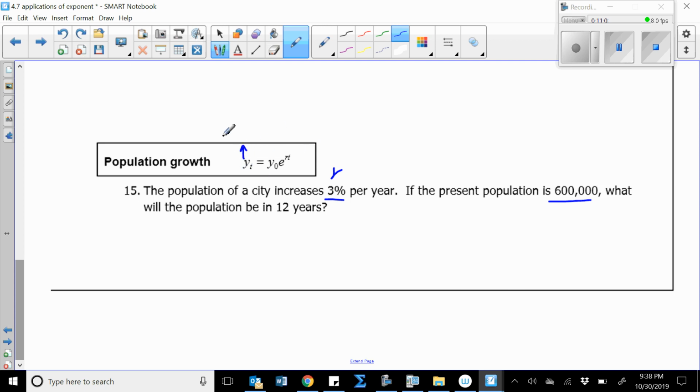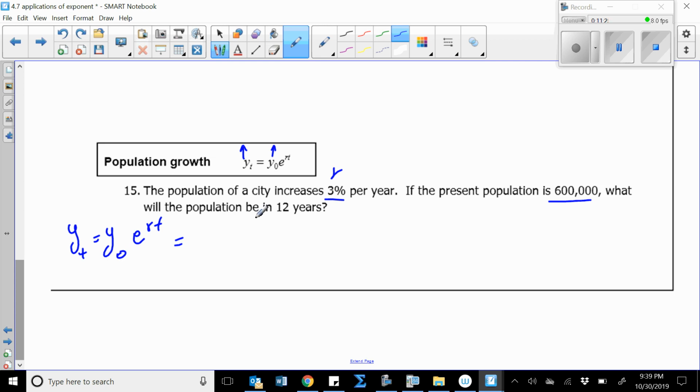So Yt is the population after time t, and Y0 is the initial population. So there's actually nothing different except that the names of the variables are a little bit different here. So I'm going to use the same formula here. Yt is equal to Y0 e to the power of rt.